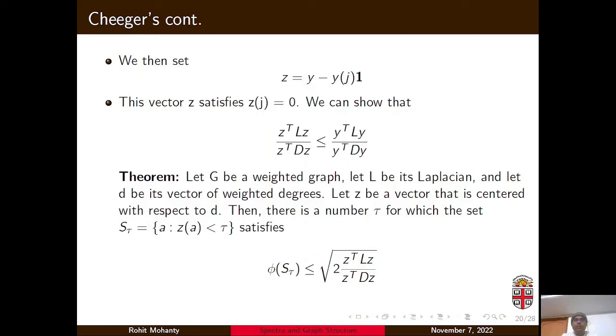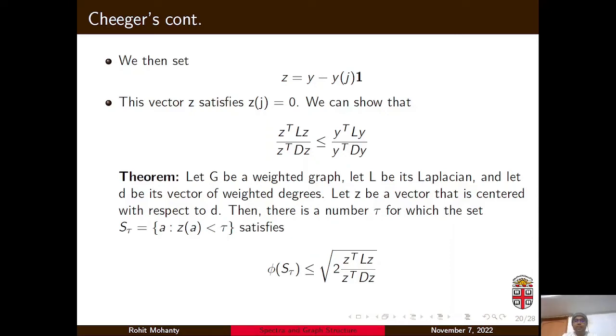This theorem states that if G is a weighted graph and L is its Laplacian and D is its vector of weighted degrees, then let Z be a vector that is centered with respect to D. Then there is a number tau for which the set S tau equal to the set of a such that za is less than tau satisfies that the conductance of S tau is less than or equal to root over 2 into Z transpose LZ upon Z transpose DZ.